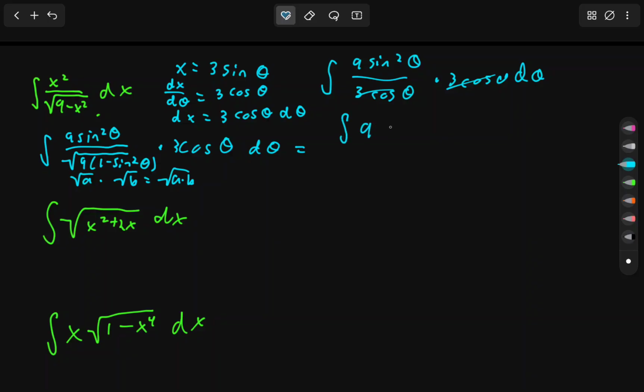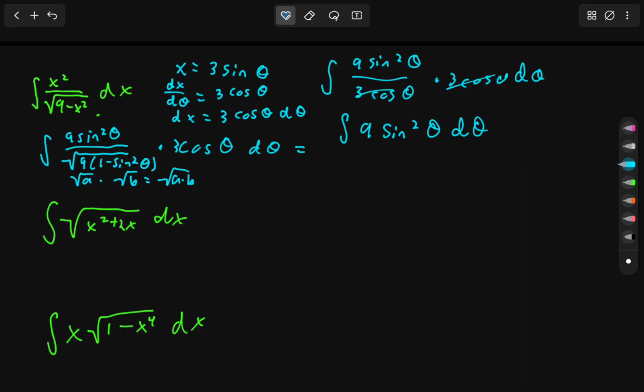So we are now at the integral of 9 sine squared of theta d theta. But oh no, we don't know what the integral of sine squared of theta is. So what we do is we use some of our identities.